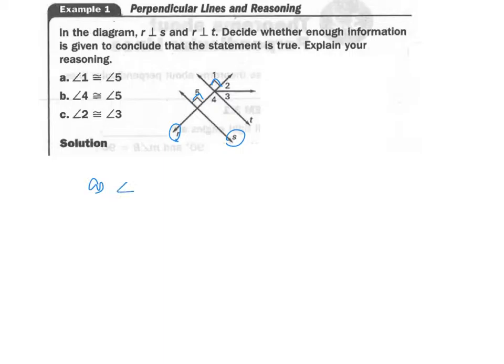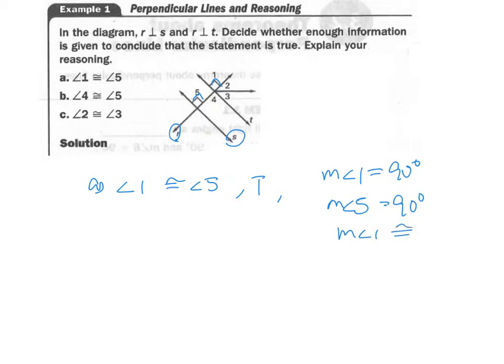So for A, angle 1 is congruent to angle 5, and this is true. The reason is that the measure of angle 1 is 90 degrees, and the measure of angle 5 is 90 degrees because they're both perpendicular to line R. Therefore, we can conclude that angle 1 is congruent to angle 5, right?